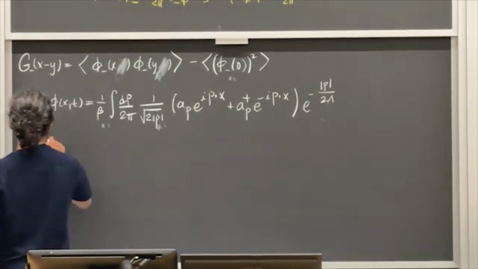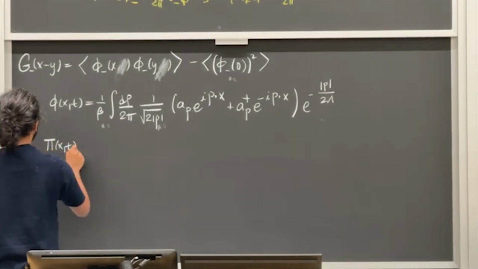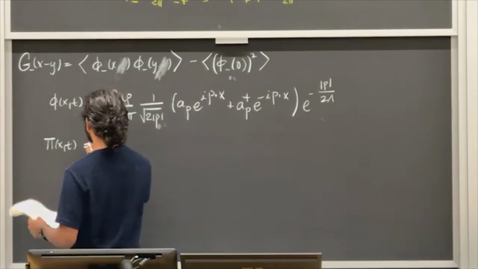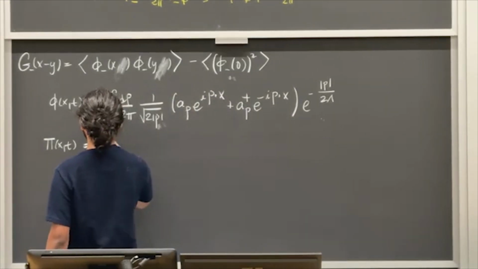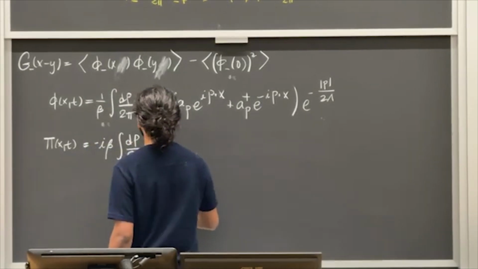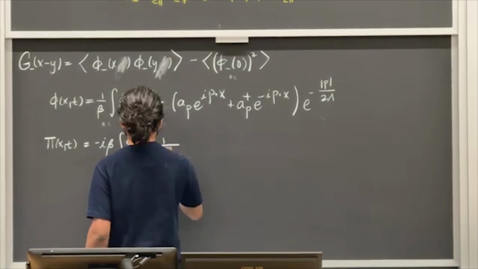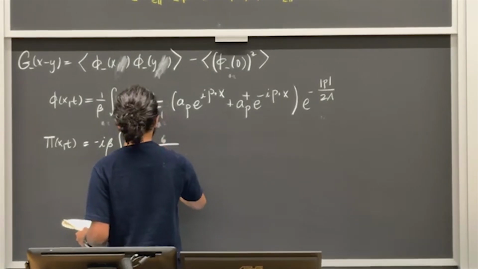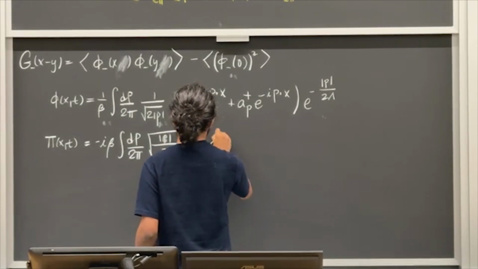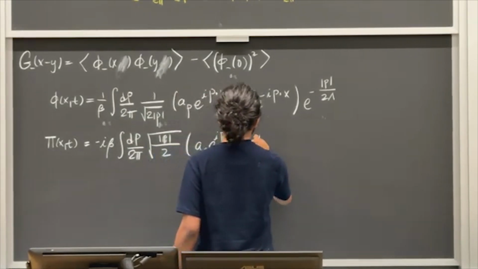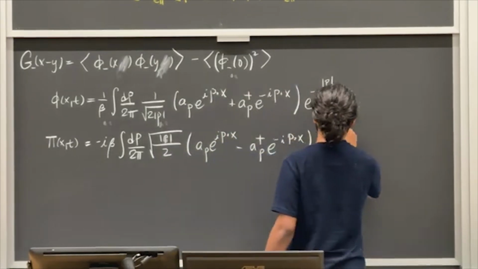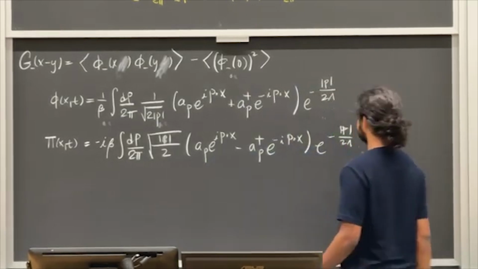Now we can find pi. Pi, remember, was beta squared times phi dot. So that will be, just going to copy this, i beta dp by 2 pi, 1 by square root of p by 2, a_p e to the i p dot x minus a dagger p e to the minus i p dot x, e to the minus absolute value of p by 2 lambda.